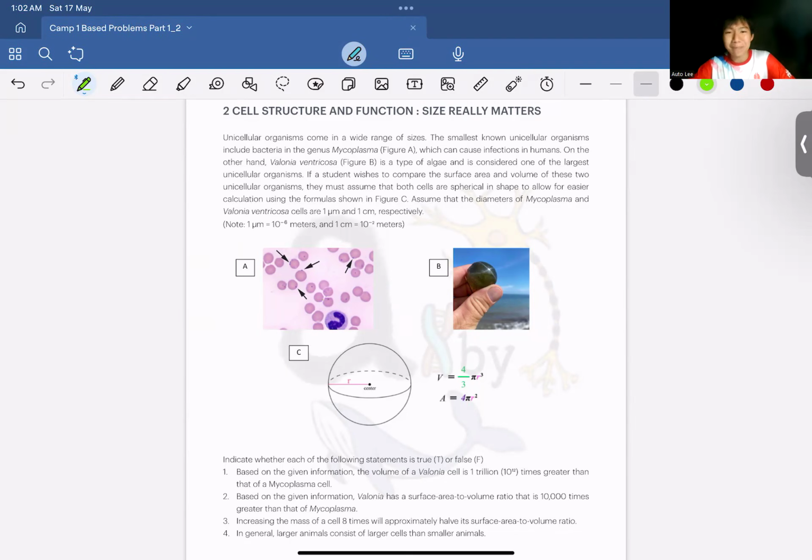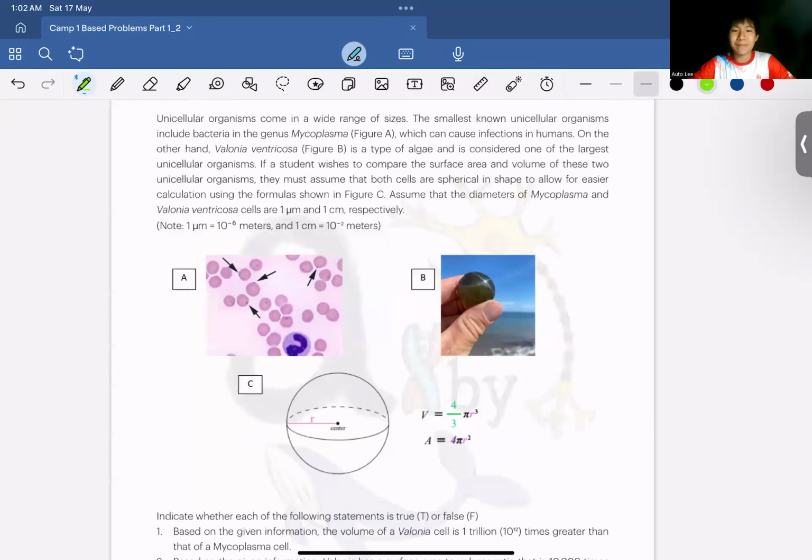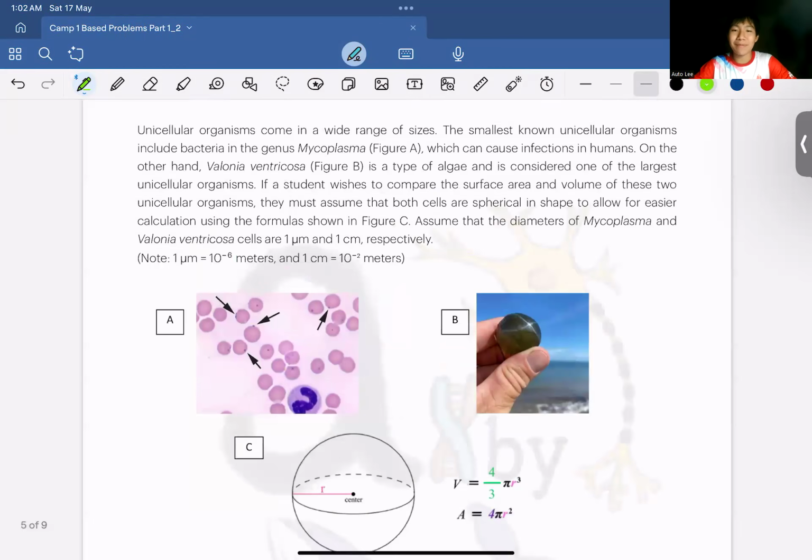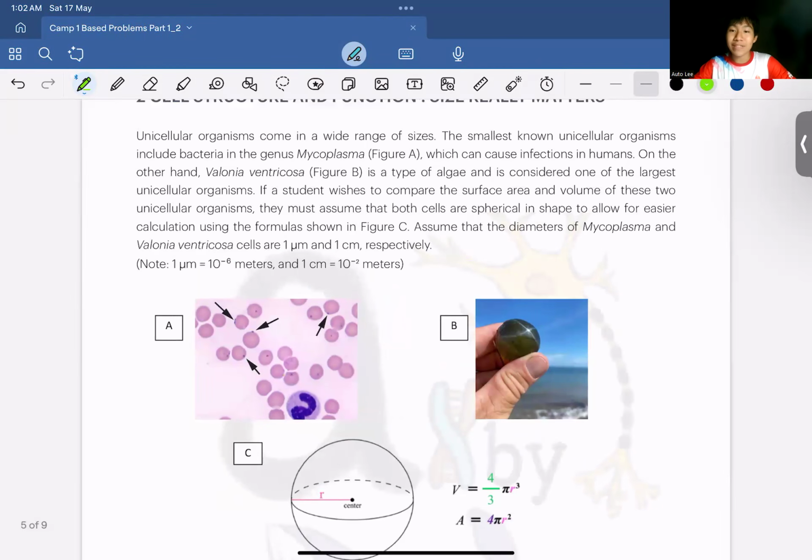In this problem right here, I've given you two types of cells. We have Mycoplasma on the left, and we have Valonia, the big unicellular algae, on the right. These two cells differ in size, of course.